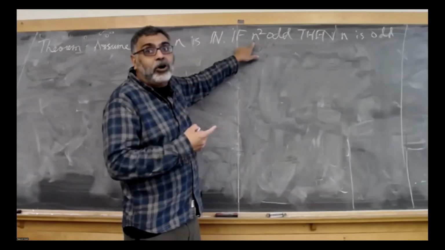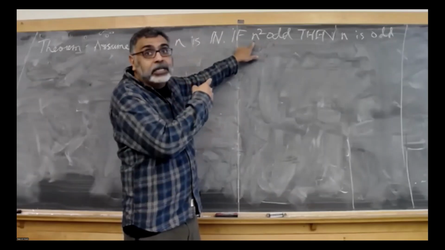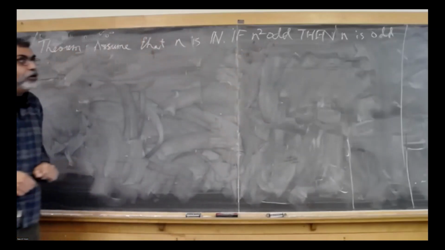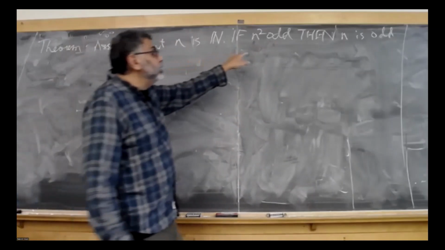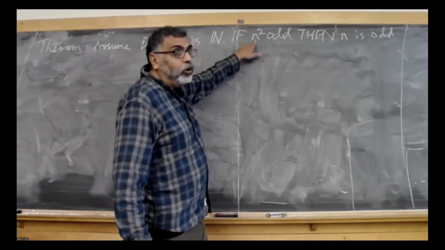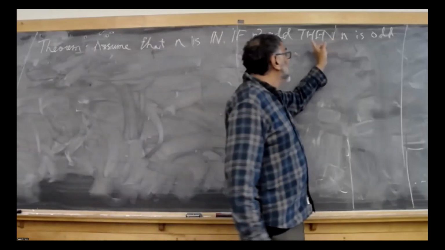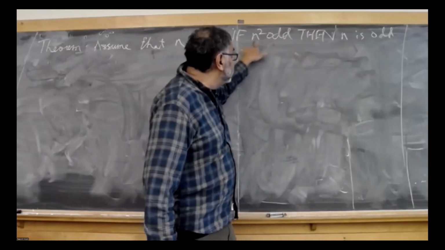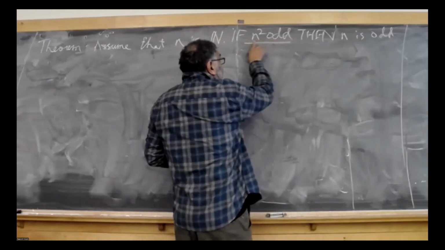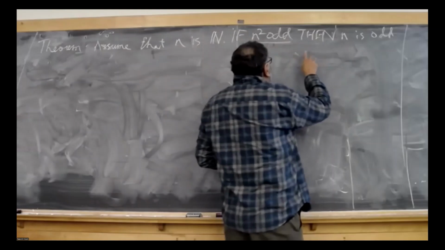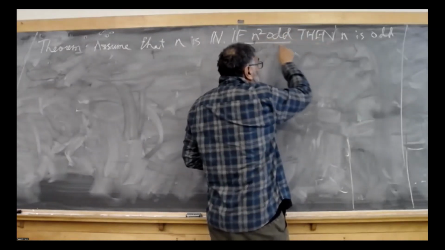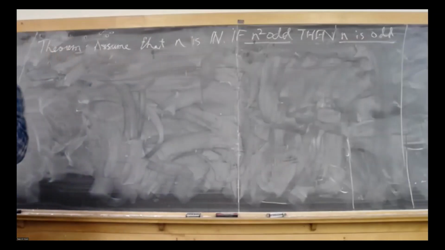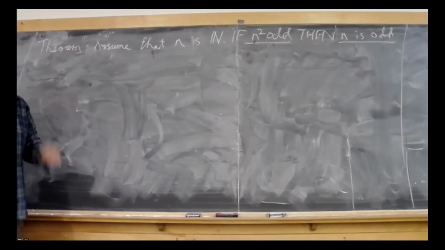It better be one of the odd ones. 3 times 3 is 9. So one can deduce that this n better be odd for this to be true. And then it says this implies that the n that made this true better be an odd n. Yes? Okay, all right.